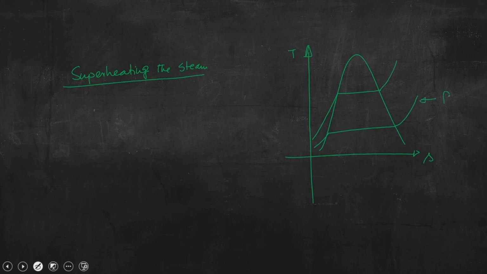this is P condenser and this is P boiler. You know that this is 1, this is 2, this point is 3. Let us briefly draw the schematic of the power plant.